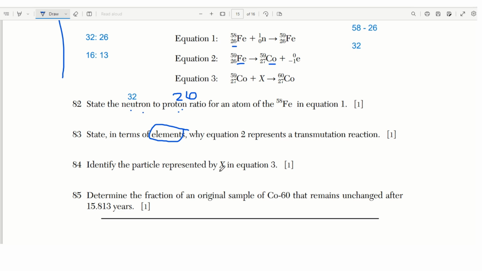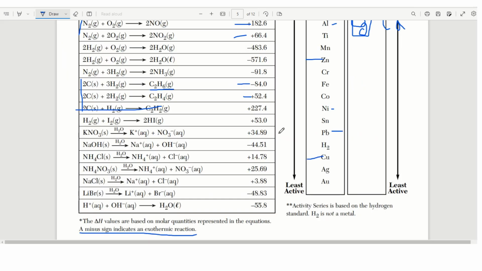Identify the particle represented by X in equation 3. So we got to figure out what's missing. So on this side, I just have one thing. So it needs to equal 60 on the top, and I only have 59, so I'm missing a 1 on the top. I need 27 on the bottom. I already have 27, so I need a 0. And then I go to the reference table.